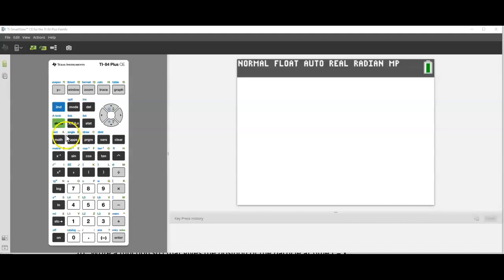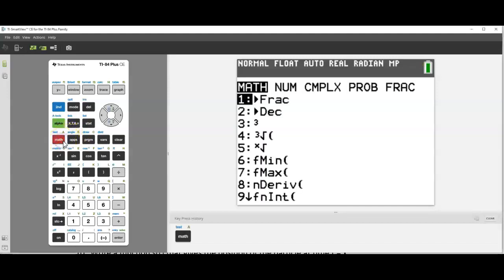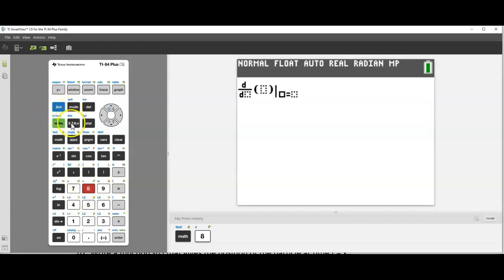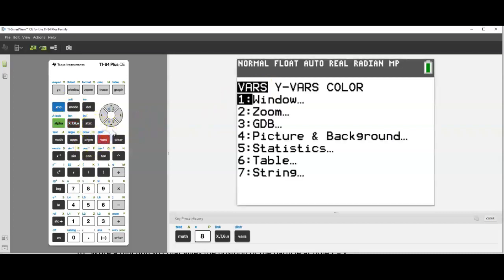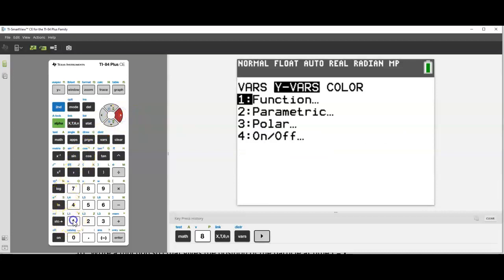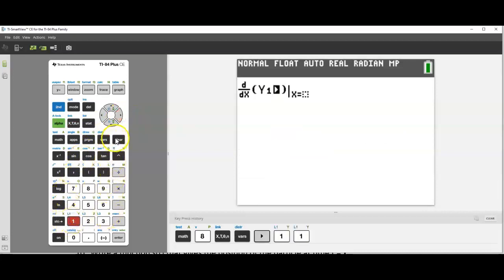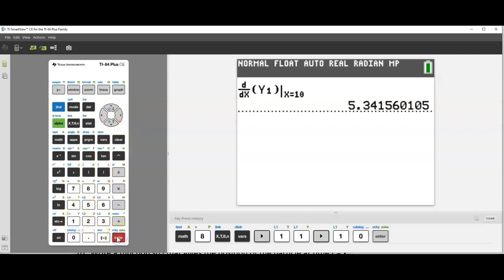The way you do a derivative is you're going to push math, and you're going to select 8 for derivative. We're going to put x here to indicate we're finding the derivative with respect to x. And I'm going to put my w function in here, which I've stored under y1. So I'm going to go to y bars, select y1. And I want to find the derivative at x equals 10. And that's how you find the derivative.